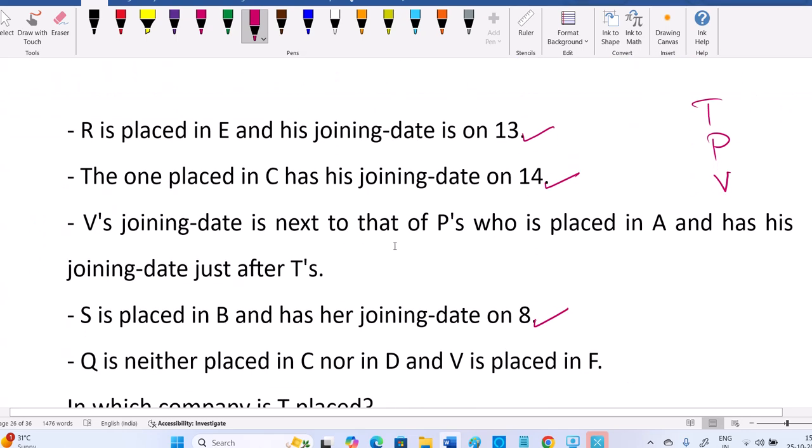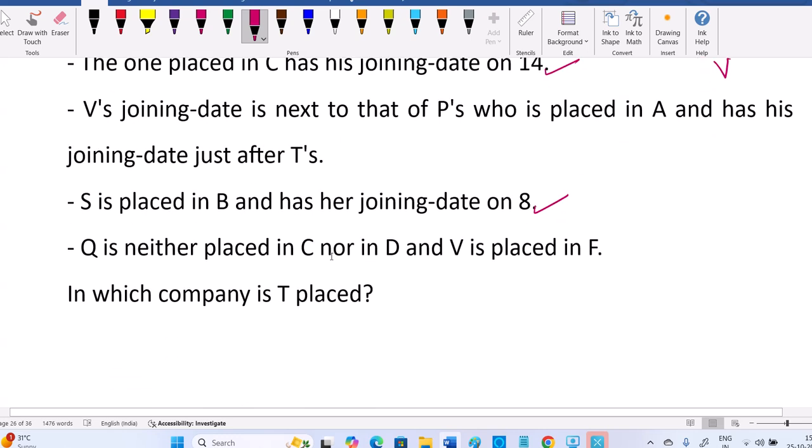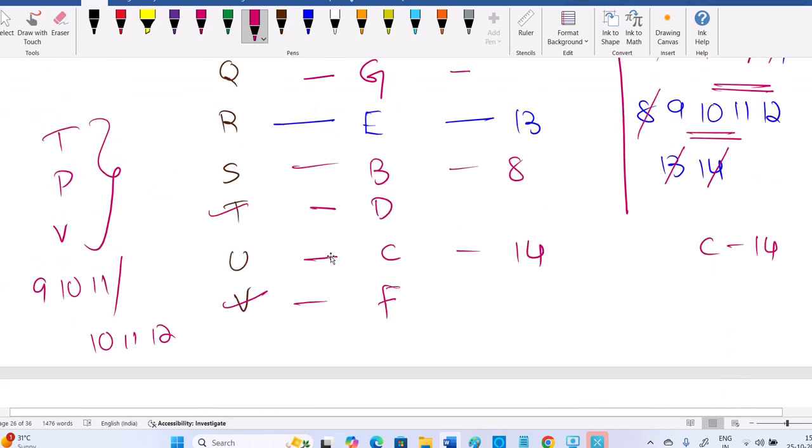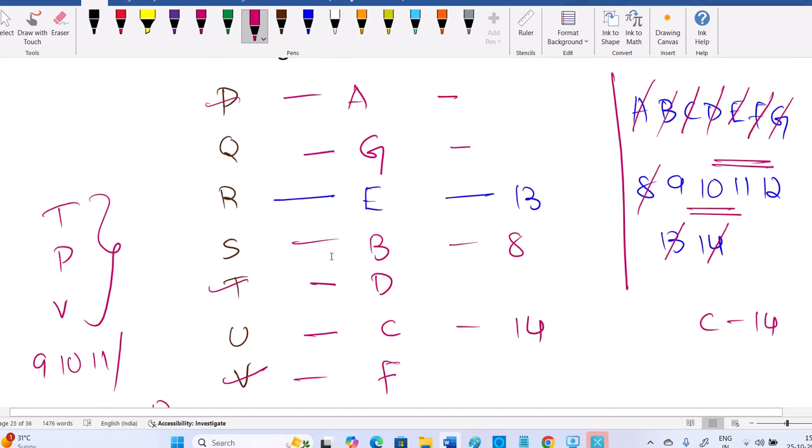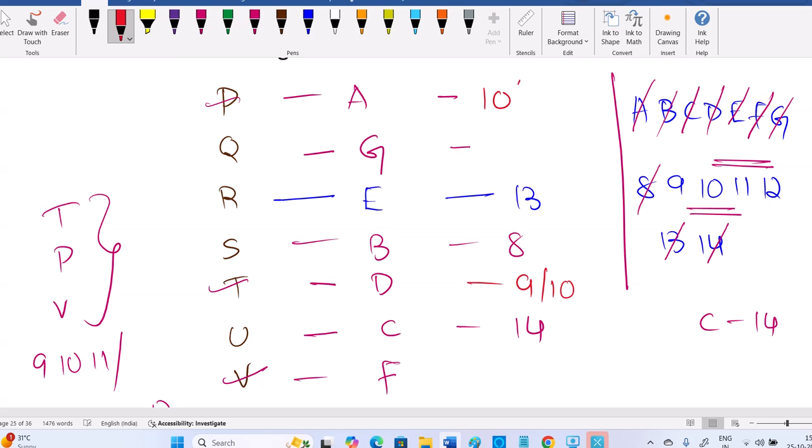Related to Q, is there any other condition? Q, not D. V's joining date is next to P, after T. So, fine, regarding joining date we have a dilemma. T can be 9 or 10. P can be 10 or 11.